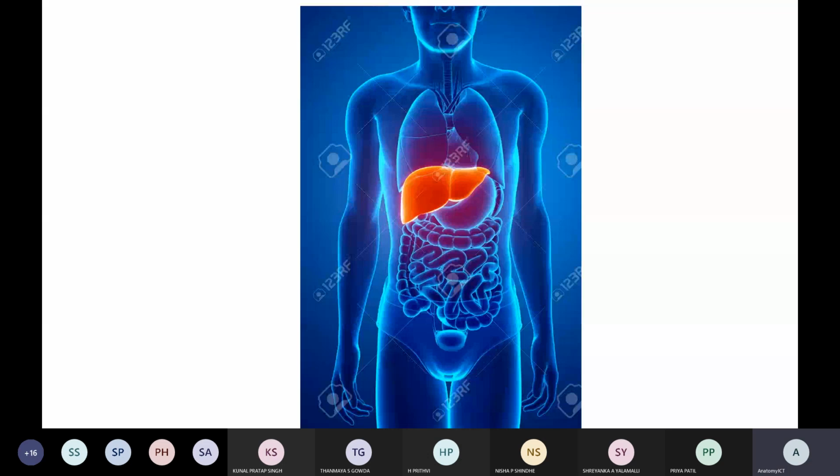This is the complete lung. I have shown this in three-dimensional figures. Please remember that. Below the lung we have shown the liver, and between the lungs and the liver there is an organ called the diaphragm.